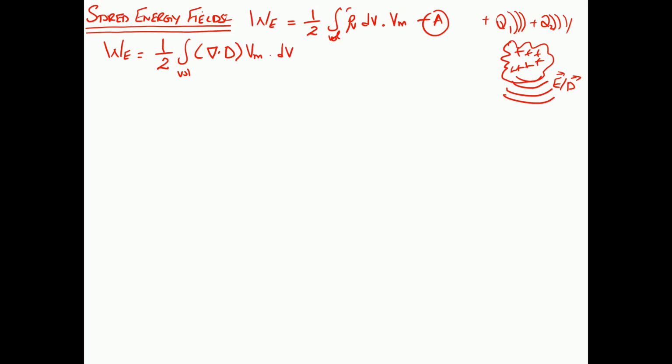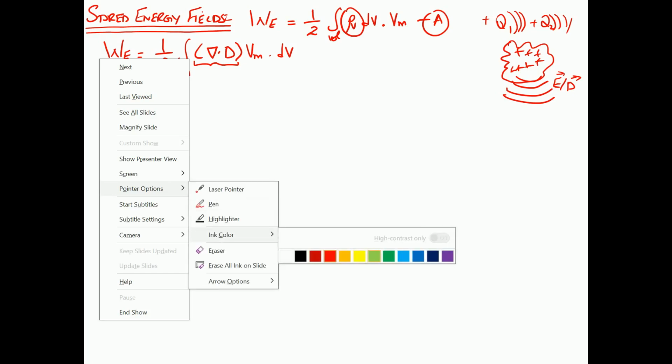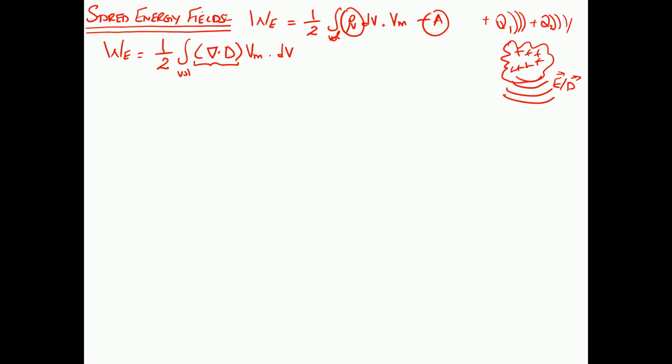So I just replaced rho v with divergence of D, which is Maxwell's first equation. Now we can use an identity to solve this divergence of D part, the vector identity we can use.